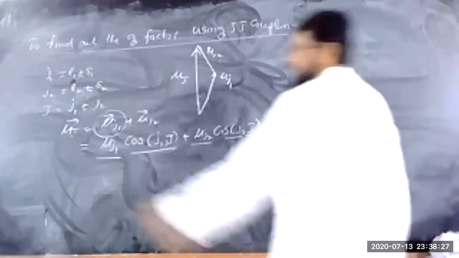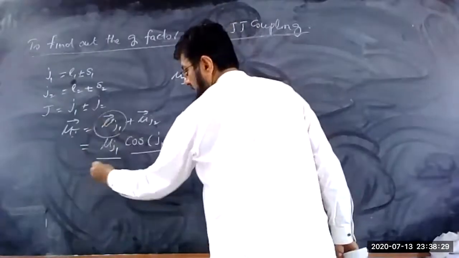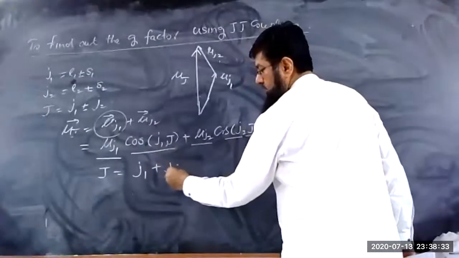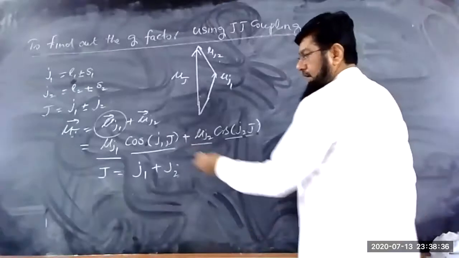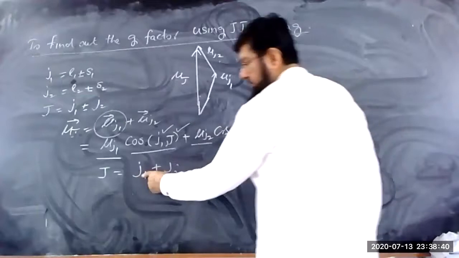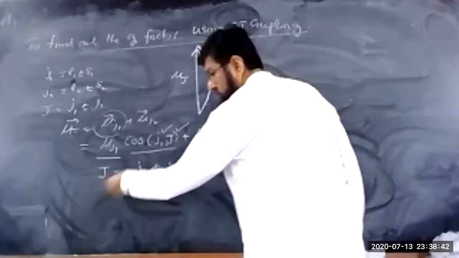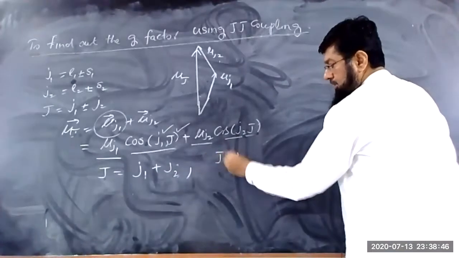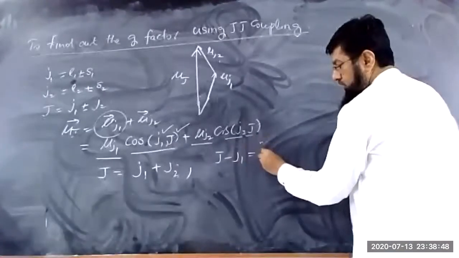So here we have j is equal to j1 plus j2. First, we have to find out the angle between j1 and j. So this equation can be simplified as j minus j1 is equal to j2.